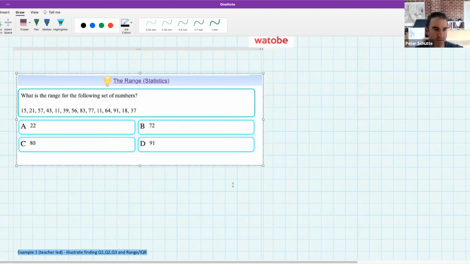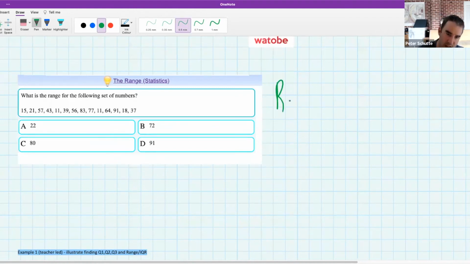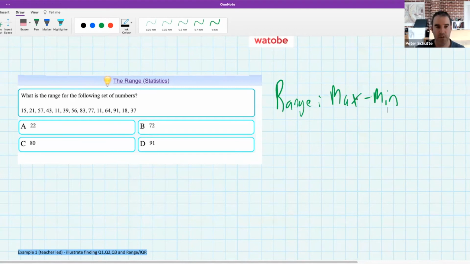Which of these 4 options? So remember, the range is max minus min. It basically fits the whole data set. It's how big the spread of all the numbers is.